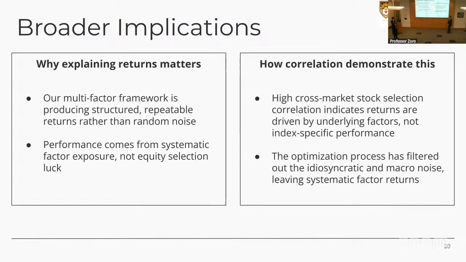So this says that our returns are basically driven by underlying factors and not Indian and US index-specific performances. Also, our optimization model is doing a good job at filtering out company-level macro risk and country-level macro risk, and it's basically leaving behind pure factor-based returns.